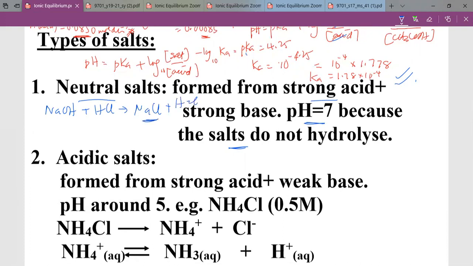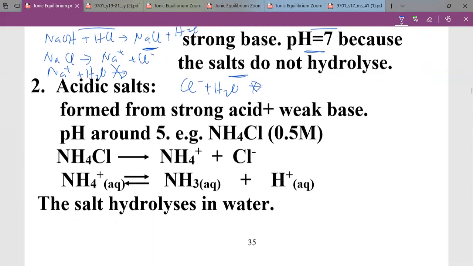NaCl dissolves to give Na+ and Cl-. Na+ with water, no reaction. The keyword is hydrolyze. Cl- plus water also won't hydrolyze. That's why it's pH 7.